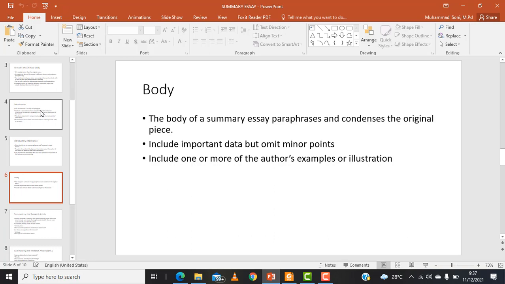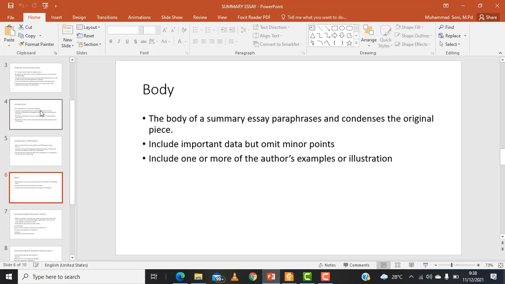And now we go to the body of the summary essay. The body of a summary essay paraphrases and condenses the original piece. If you are summarizing, for example, a story or a movie, maybe in the body you're gonna tell about the first event, or some events in the beginning of the story, in the middle of the story, and maybe at the end.